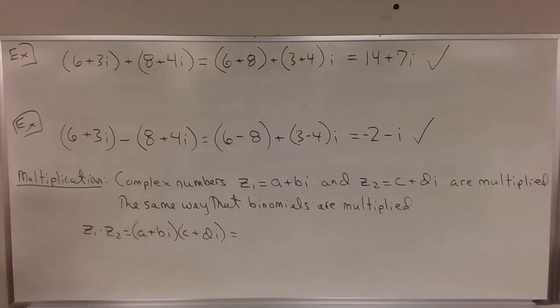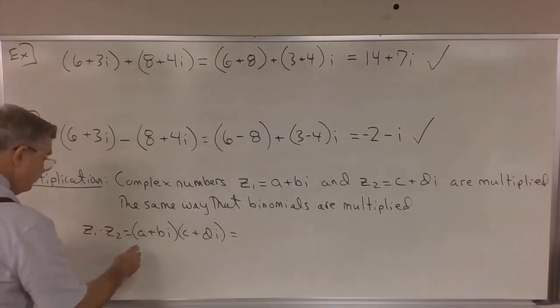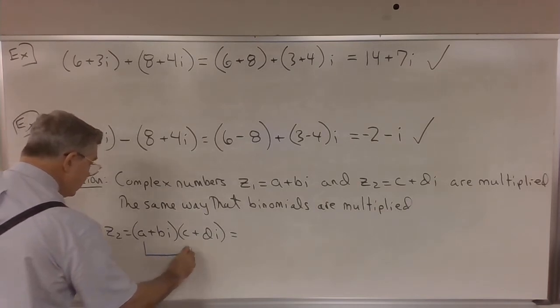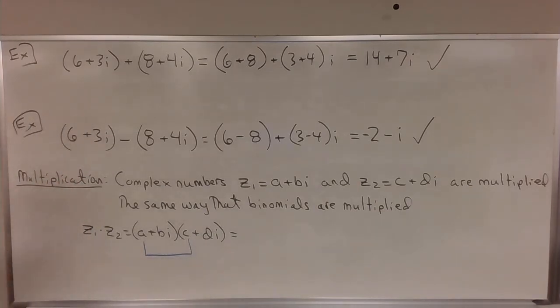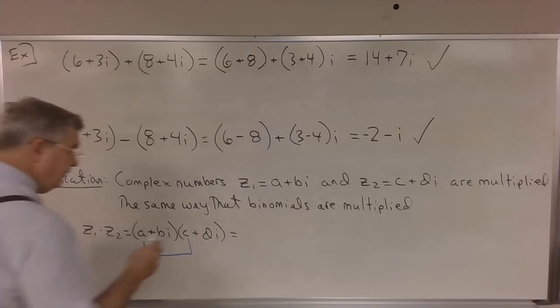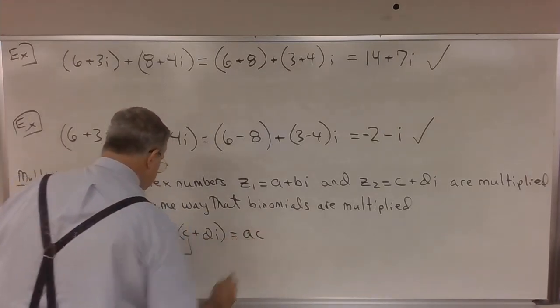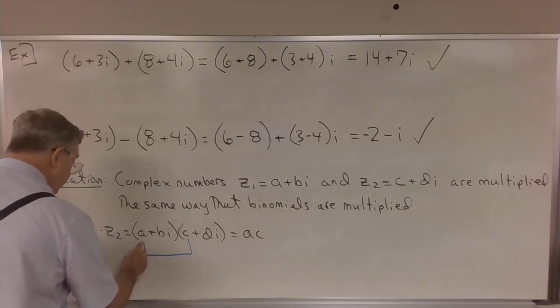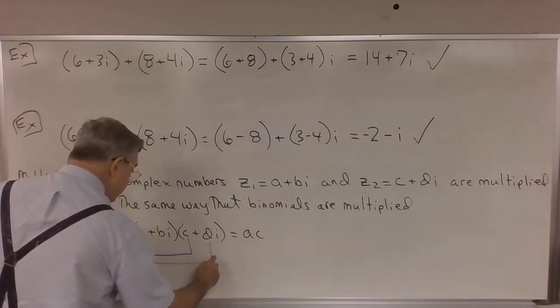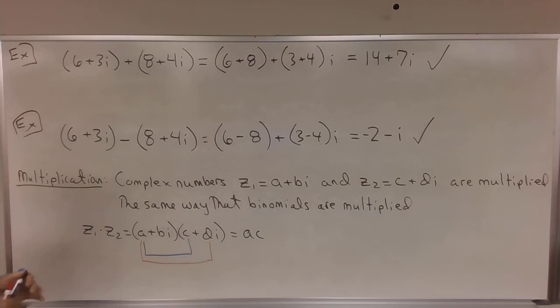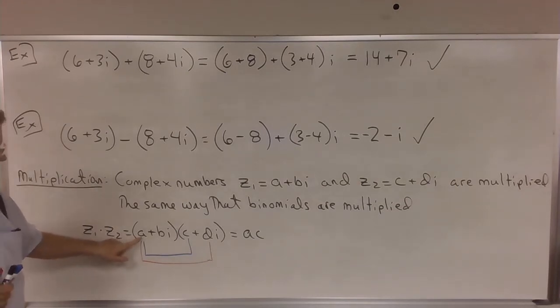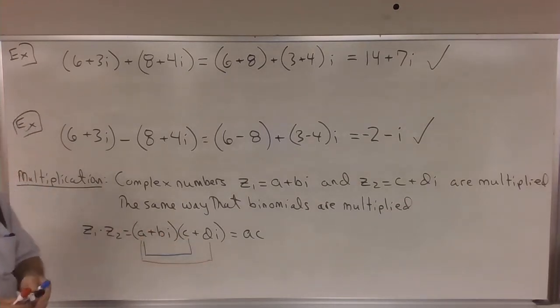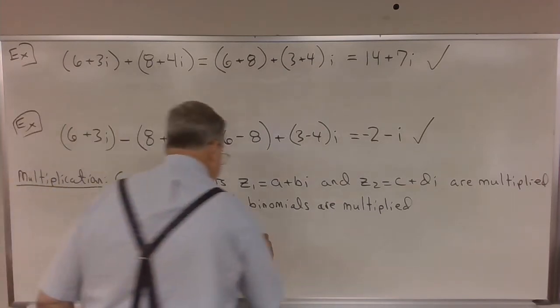What's the first thing that we do? We take the first terms and compute that product, AC. Then we take the outer, and that's A times Di, so ADi.